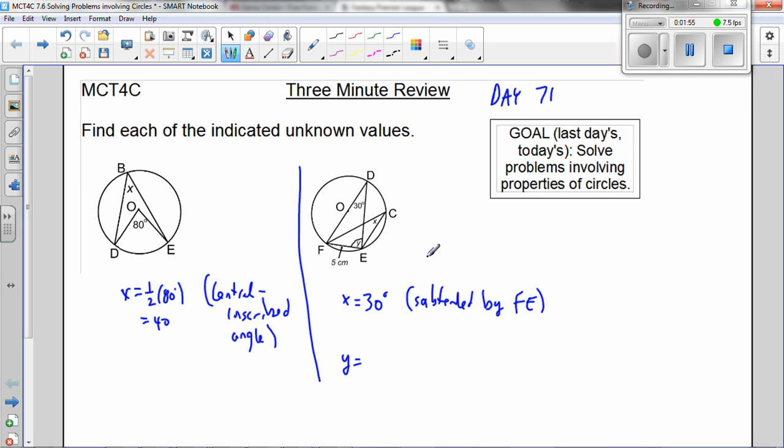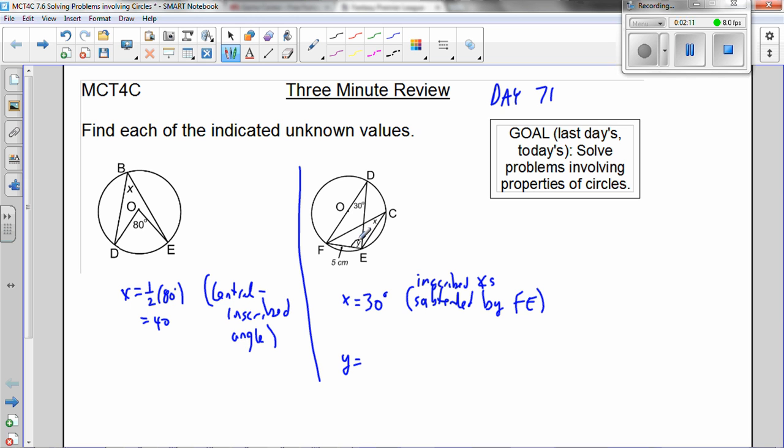The reason would be inscribed angles subtended by FE. A little bit wordy reason, but still the reason.